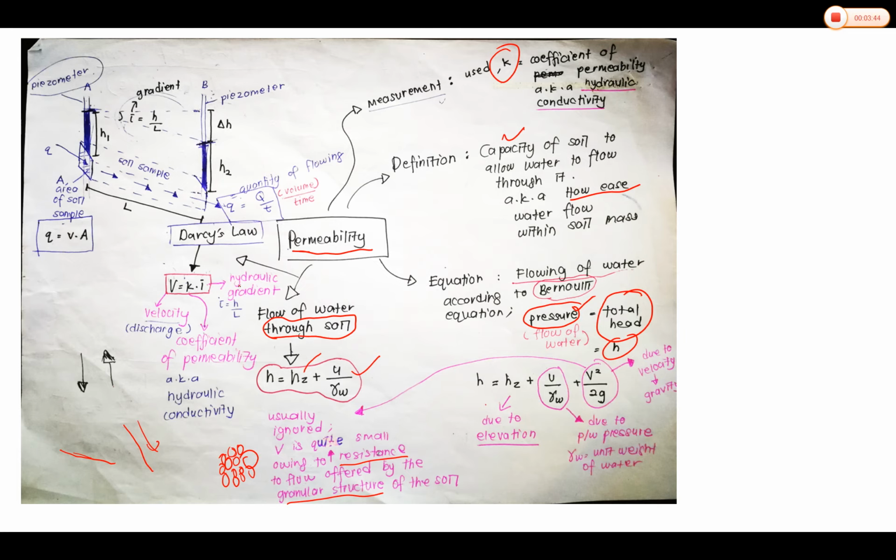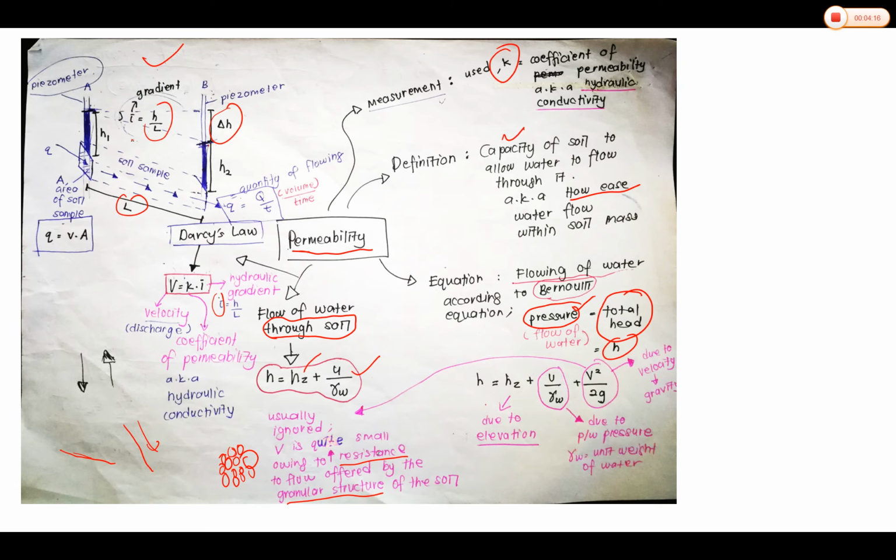So the velocity is related to i, which is equivalent to h over L. You can see here in this schematic diagram, there are two piezometers installed within the soil sample, so the movement of water is due to the head loss, h here, and also based on the length of the flow path of the water. This is L, and then you will have the gradient here.